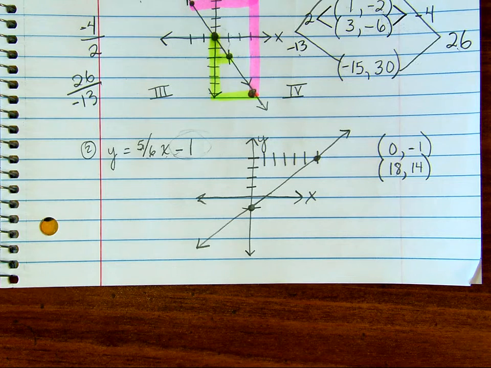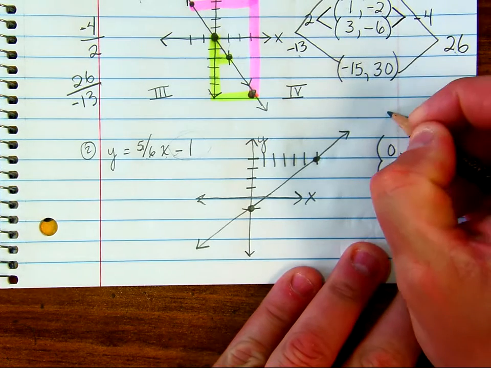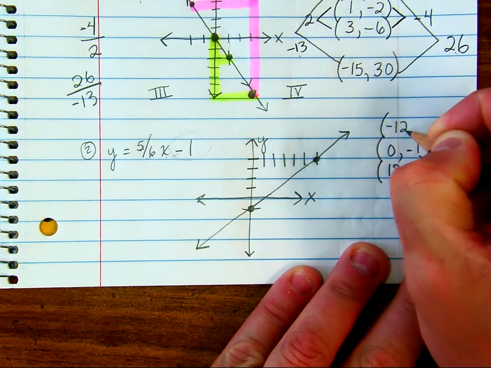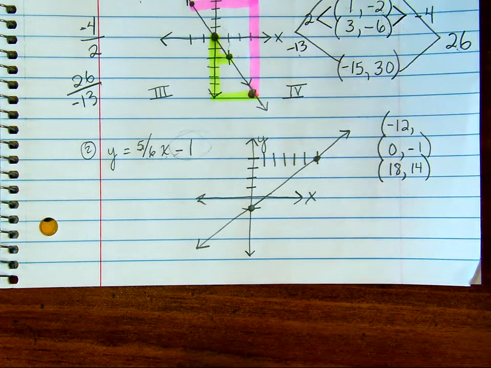What if I told you x was -12? What would y be? Paige. -11.